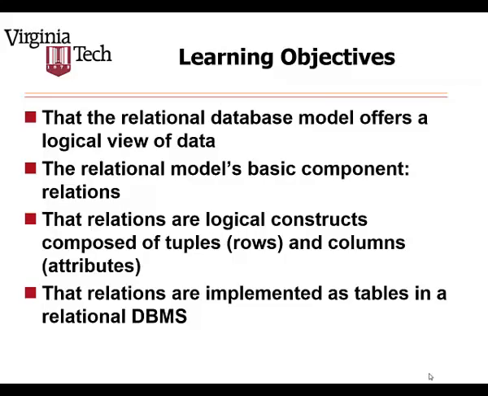Well, what we're going to talk about is the relational database model. It is built on the concept of relations, and as I said, a relation has a set of columns that describe the data that is to be kept for every entity or instance of the entity in the table, and then the rows represent the actual data.